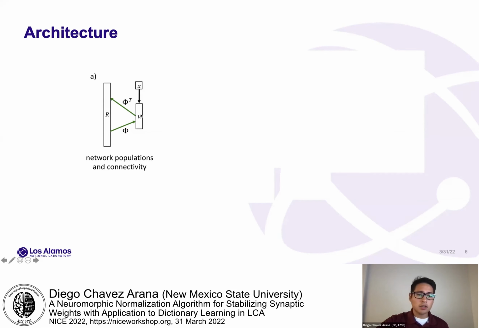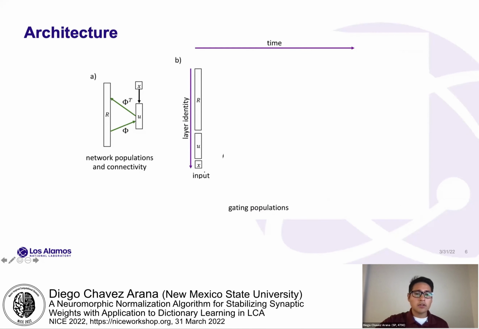The green arrows mean unidirectional plastic connectivity, and the black arrows mean unidirectional non-plastic connectivity.